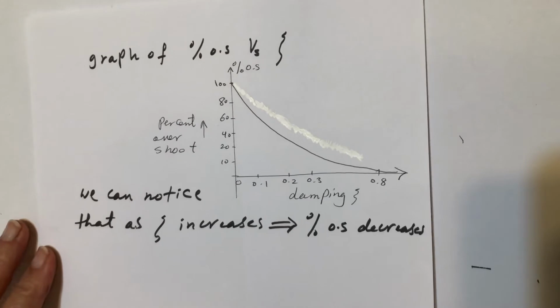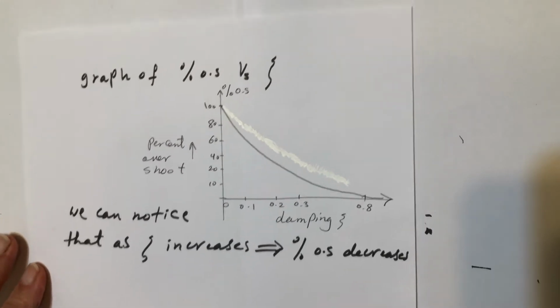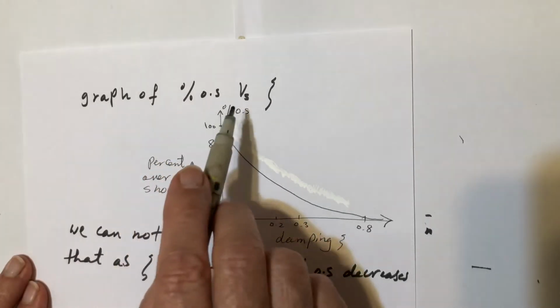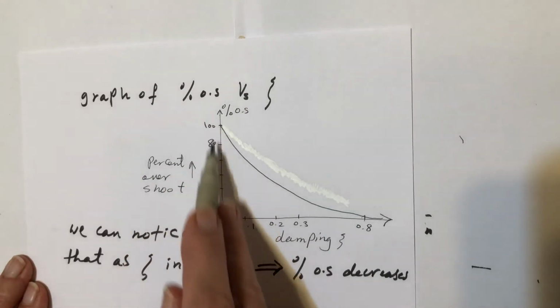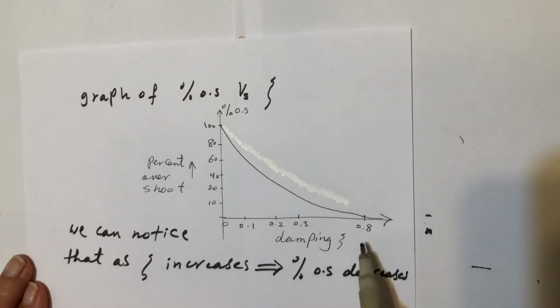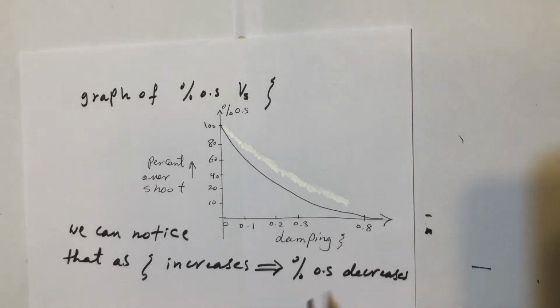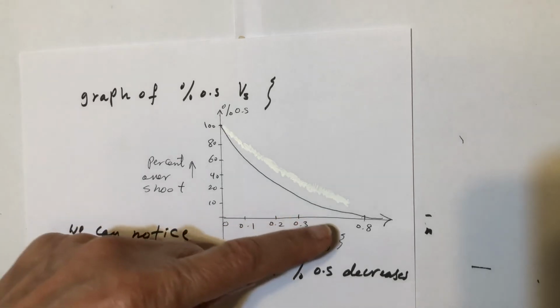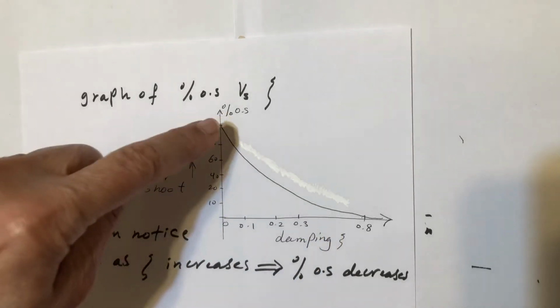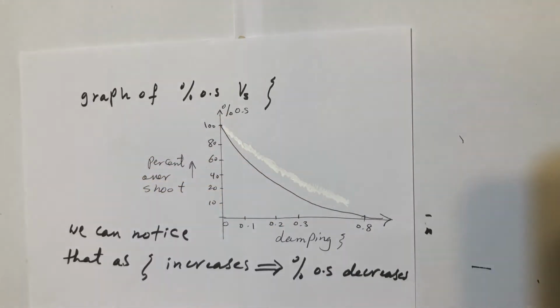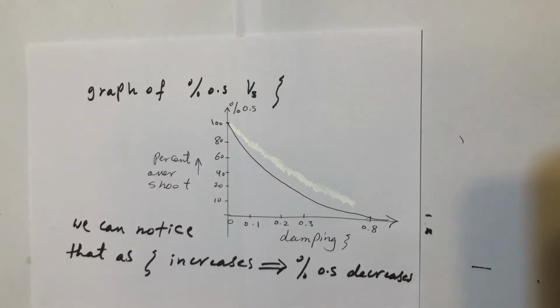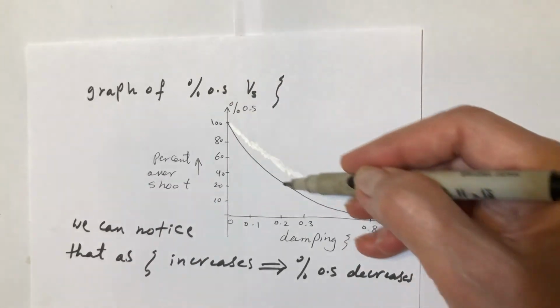This is a graph of, as we said, percent overshoot as a function of zeta. This is the percent overshoot, and this is zeta, of course. You notice that here zeta is increasing. So as zeta increases, percent overshoot decreases. And you know that we found that the percent overshoot is an exponential, so it's an exponential going down.